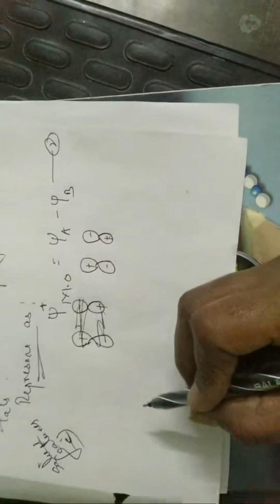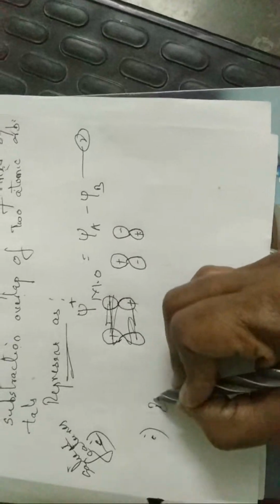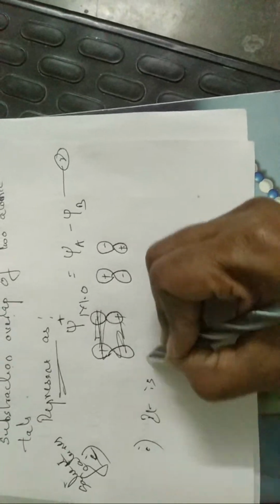It means an antibonding molecular orbital is formed.